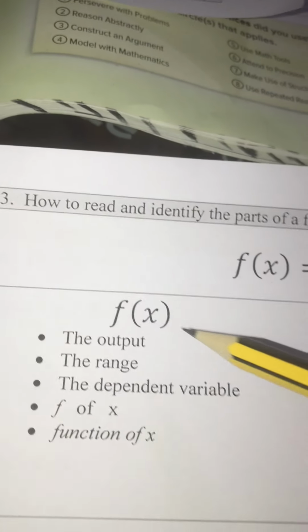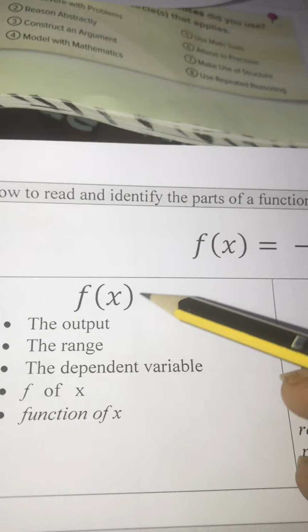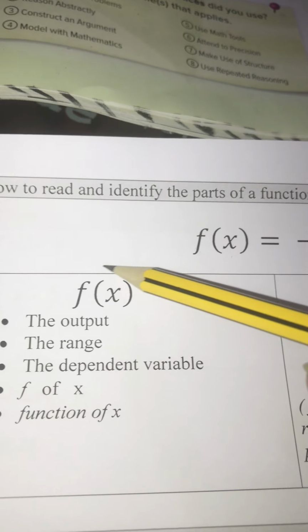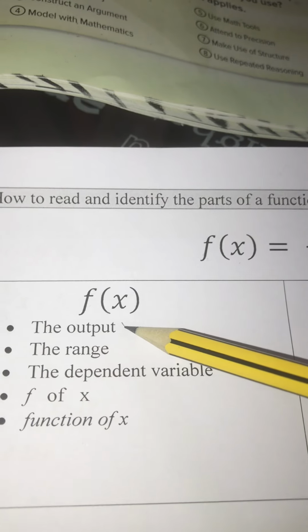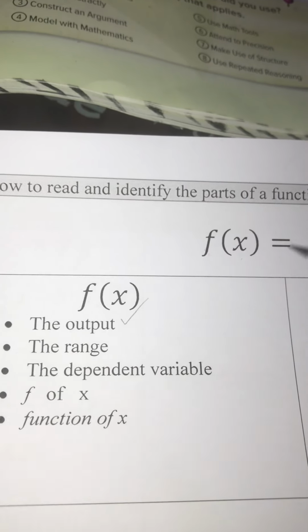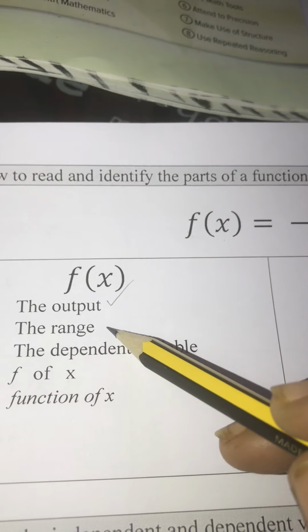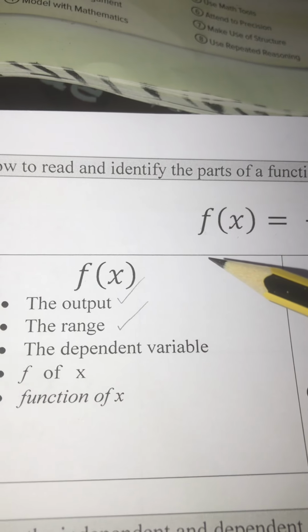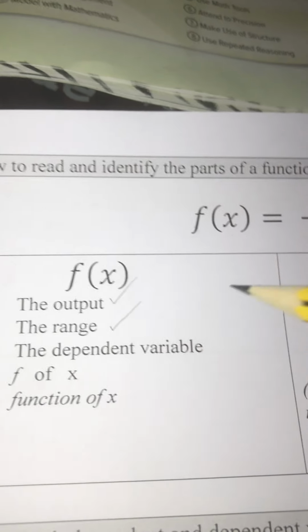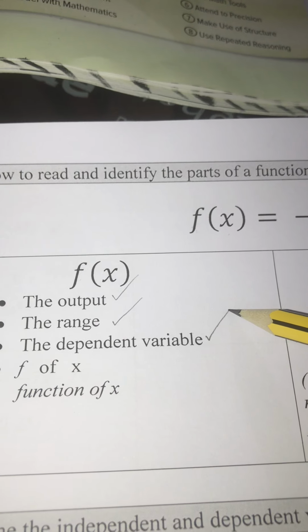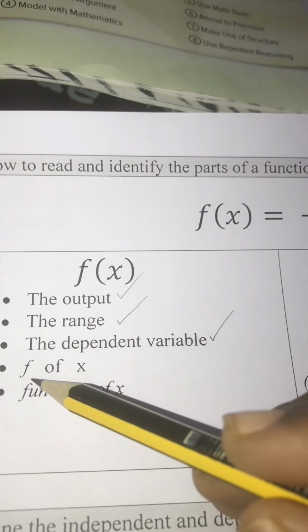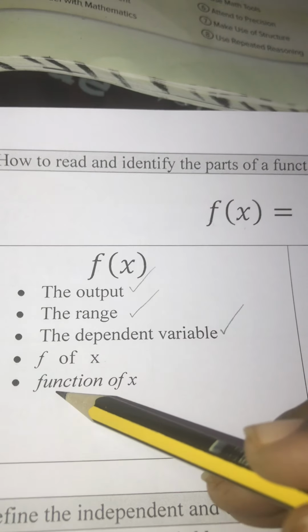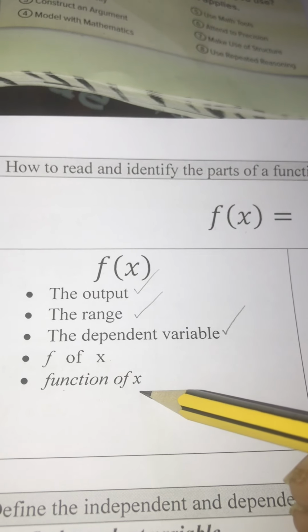Okay? This part is called f of x. That's how you read it. It means it's the output of the function. It means it is the range values of the function. It means it's the dependent variable of the function. So like I said, you read it f of x or you read it as function of x. Okay?